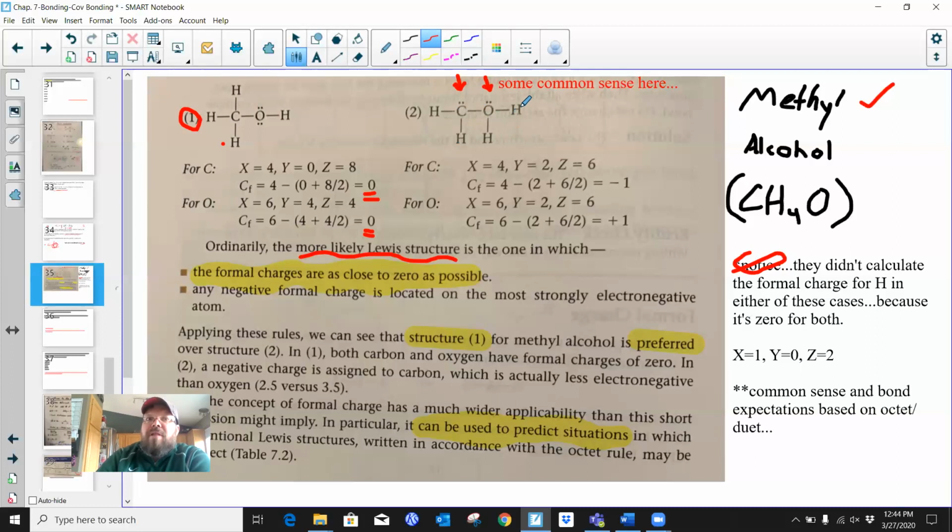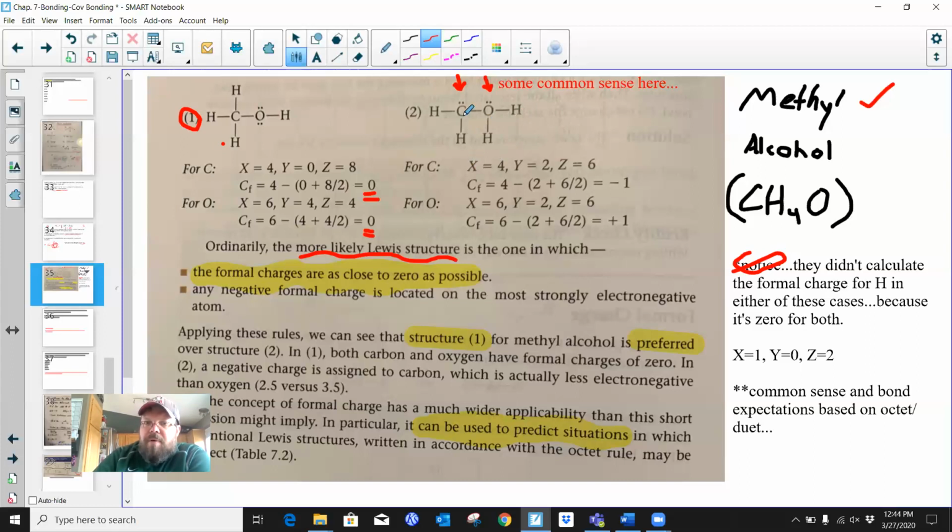When we talk about writing Lewis structures, it's all about the total number of electrons. The number of electrons is identical. There's 2, 4, 6, 8, 10, 12, 14 electrons here, and 2, 4, 6, 8, 10, 12, 14 electrons here. For all intents and purposes, this sort of works, right? Quote unquote works. But when we calculate the formal charge, let's go ahead and do that.